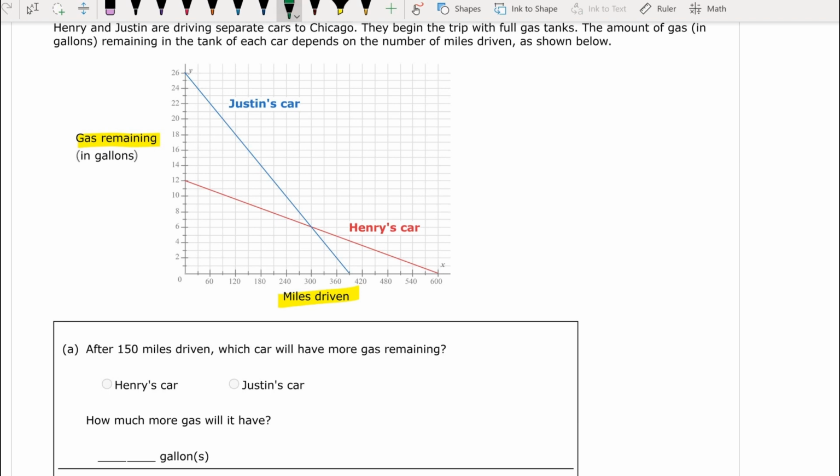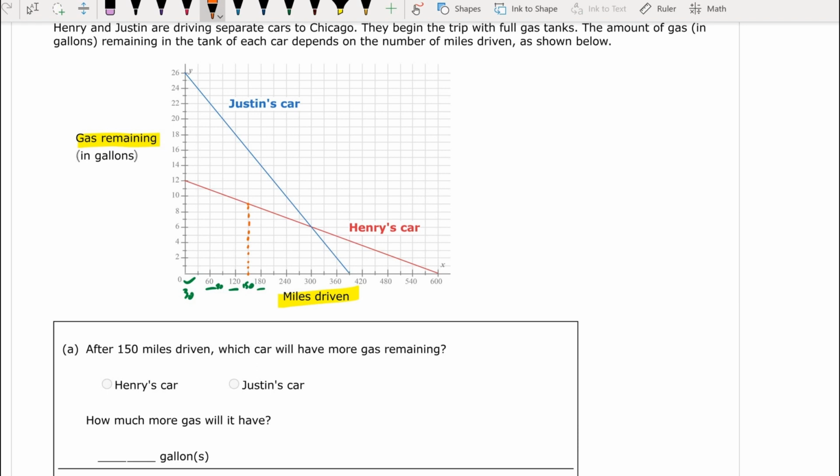Okay, so it's 150 miles. We see 60, 120, and 180. So it's increasing by what? By 30, right? 30, 60, 90, 120. So the next 30 after 120 is 150. So at 150, we go straight up.